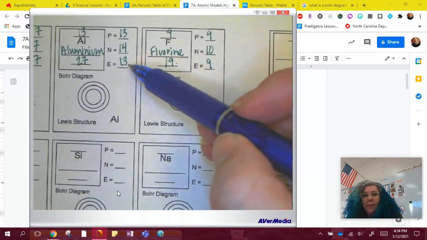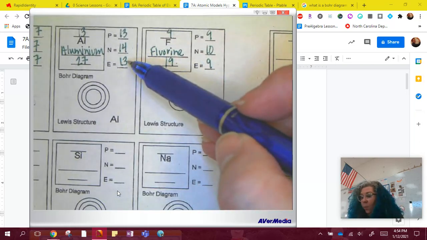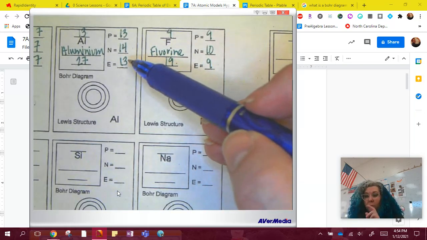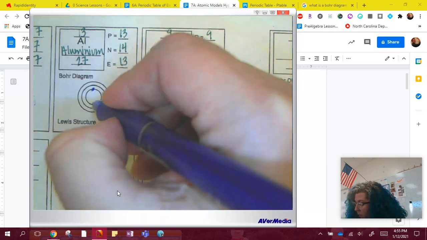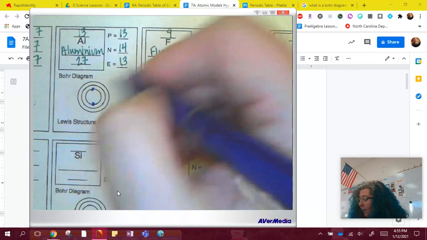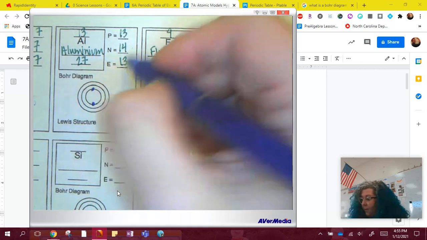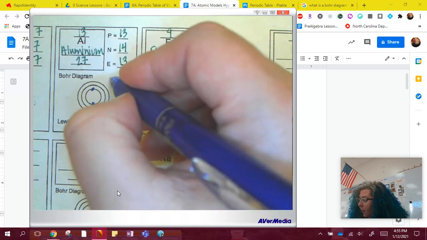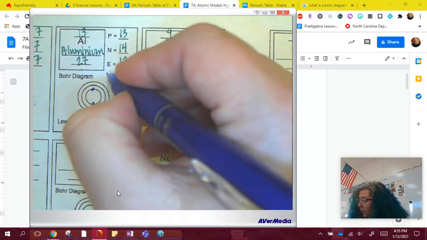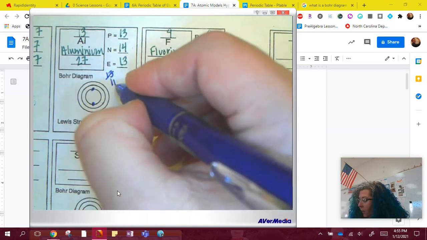Let's look at aluminum. Aluminum has 13 electrons. Remember, we start in the first shell, which only holds 2. So I'm going to go 1, 2. Now I've got 11 more left. We started with 13, we used 2, so now we're at 11.